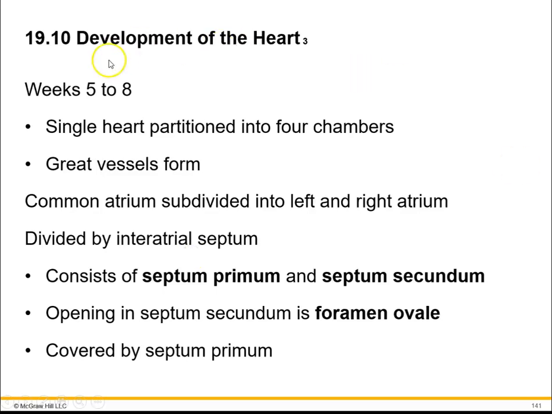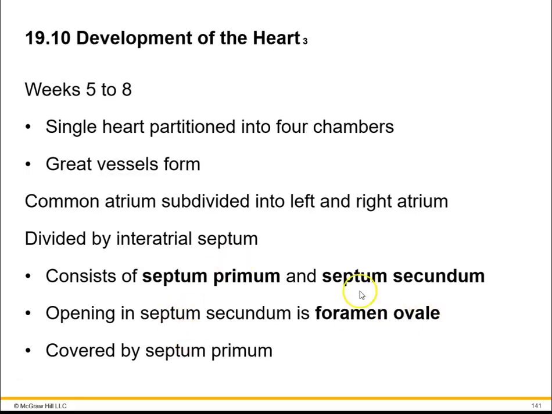Now in weeks 5 to 8, that single heart is going to get partitioned into 4 chambers, and the great vessels are going to form. The common atrium gets subdivided into the left and right atrium by an interatrial septum. There are 2 parts to this interatrial septum: the septum primum, or the first septum, and the septum secundum, or the second septum.